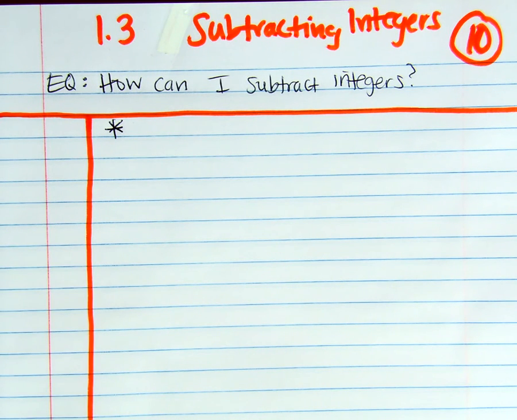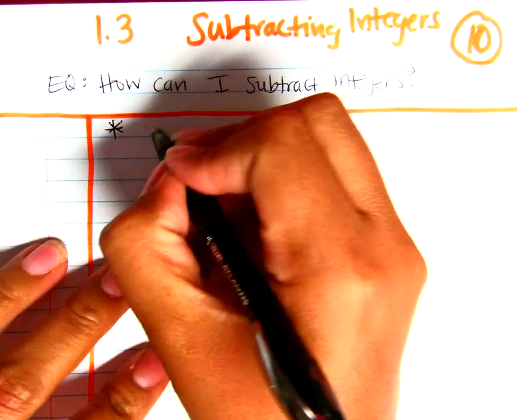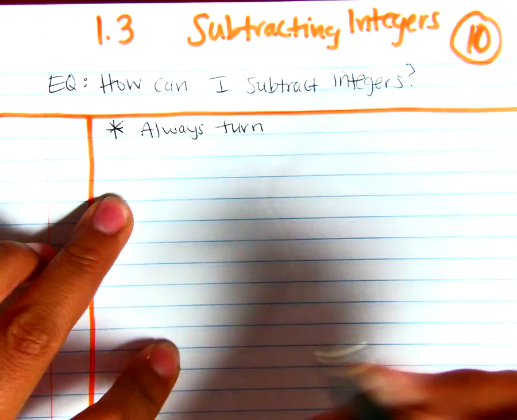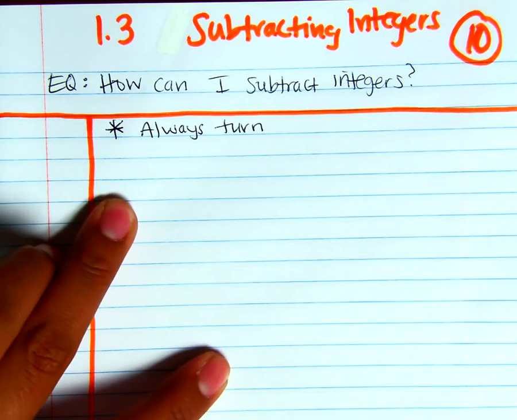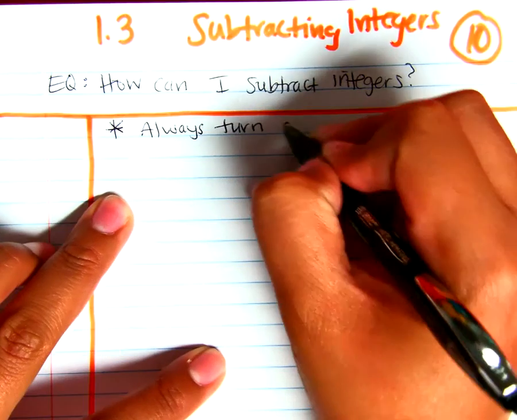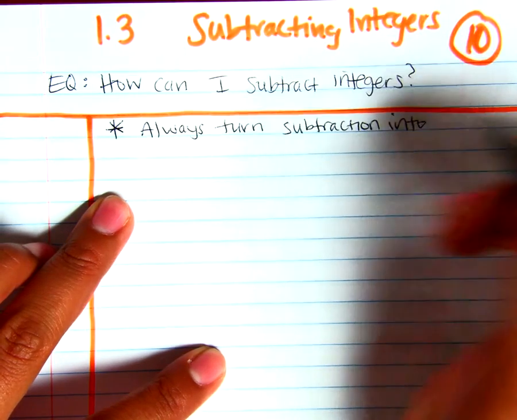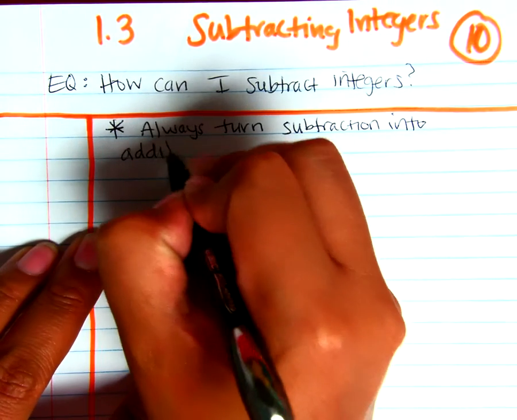Now, subtracting is basically the same thing as adding integers, which we have already covered. So we're always going to turn subtraction into addition.